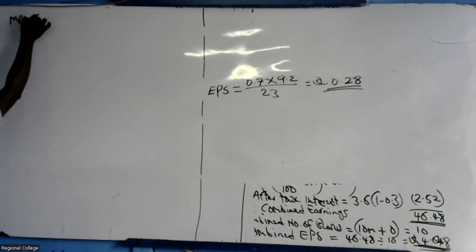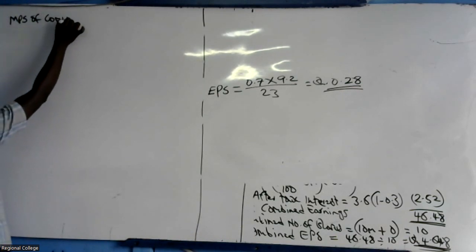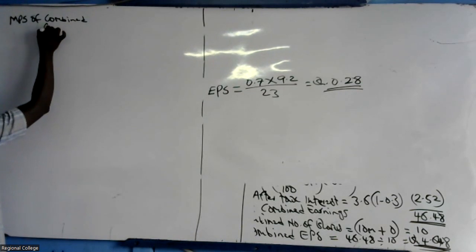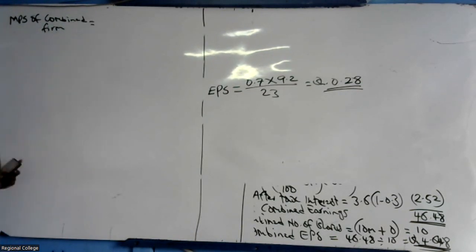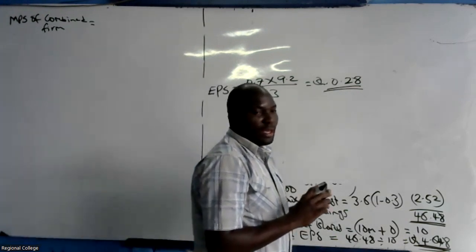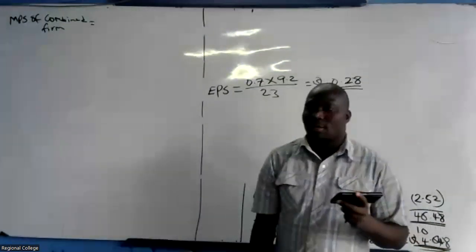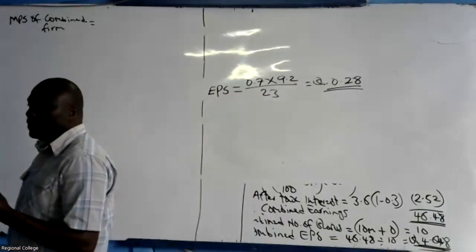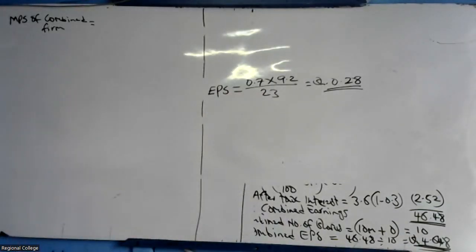The questions are usually about EPS, but now we are asked about the MPS. But there's no problem. If you have the total market value and the number of shares, you can get the combined firm.